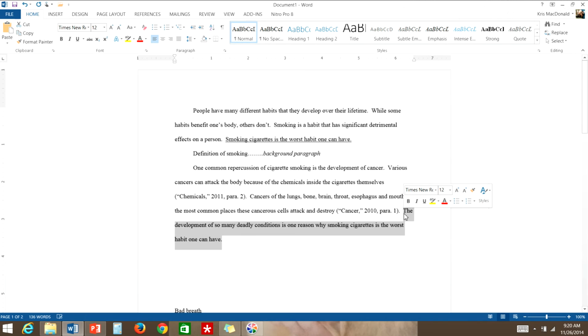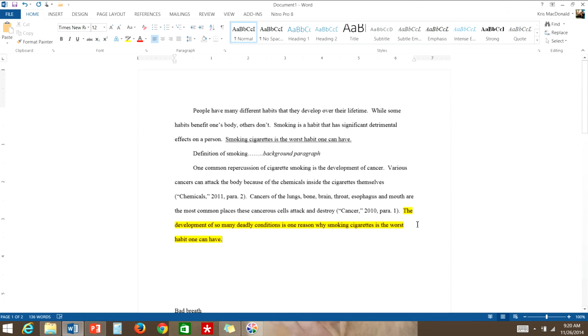What do you notice about this sentence with everything else that's written on this page? Take a second. If you're thinking that it sounds a lot like our thesis statement, which I have underlined, you are exactly right.